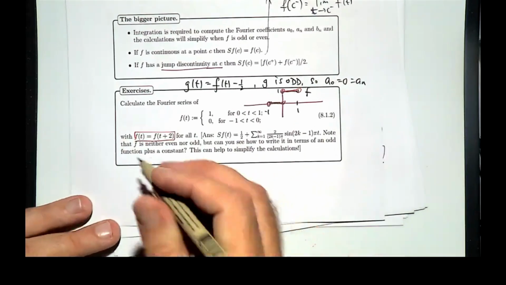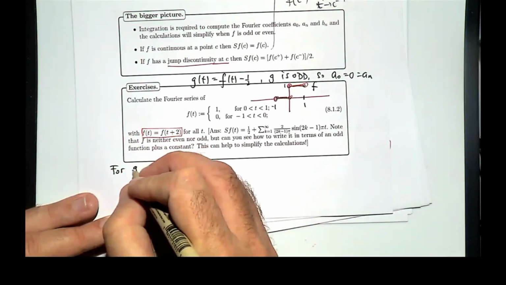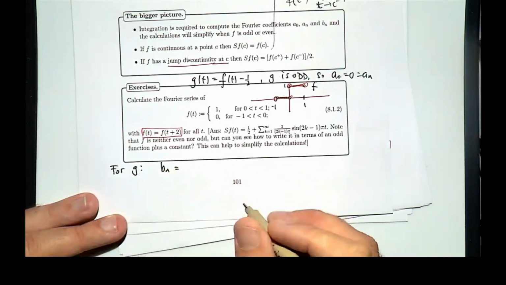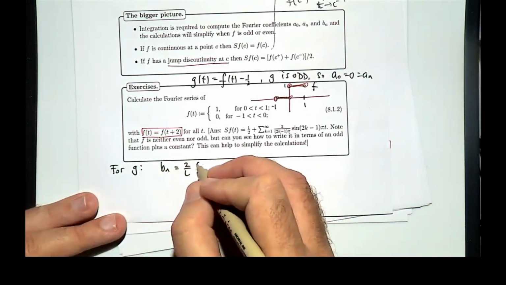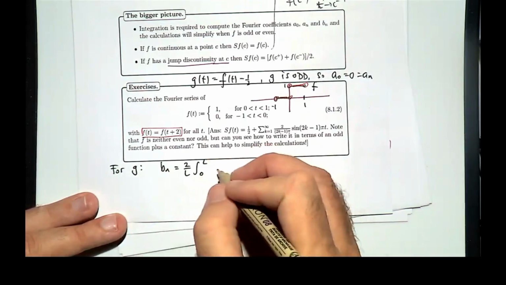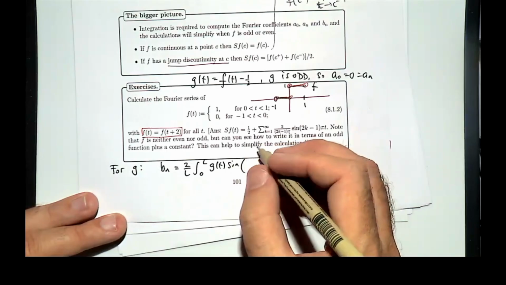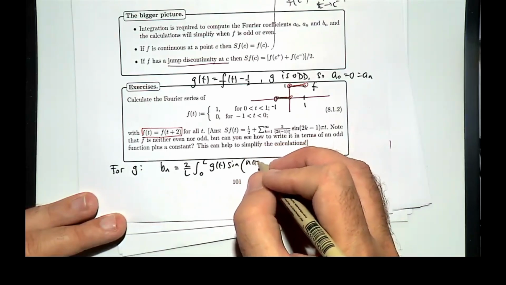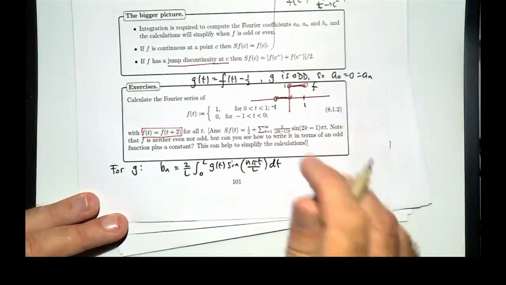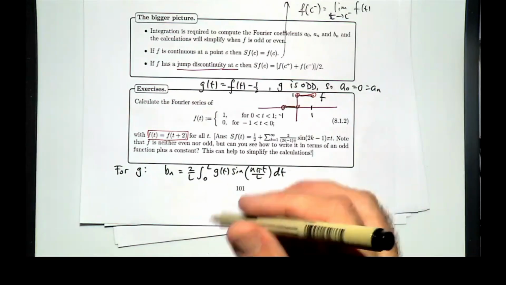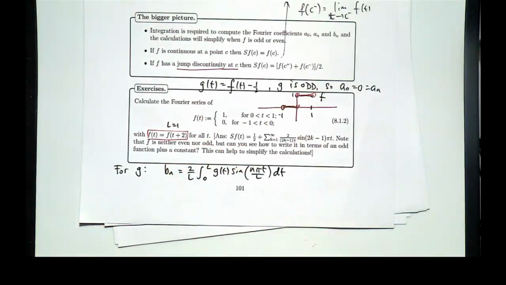And also, this is going to be twice. In this case, L is going to be 1 because we define L to be half the period, and g is going to have the same period, so nothing to worry about there.